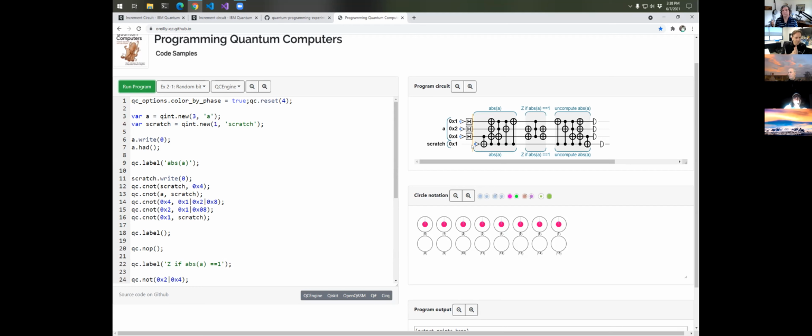And so again, we're going with this idea that we want to encode something if the absolute value of A is 1. We've taken our, and remember this is in 2's complement, so 4 is actually negative. 5, 6, and 7 are negative 3, 2, and 1.